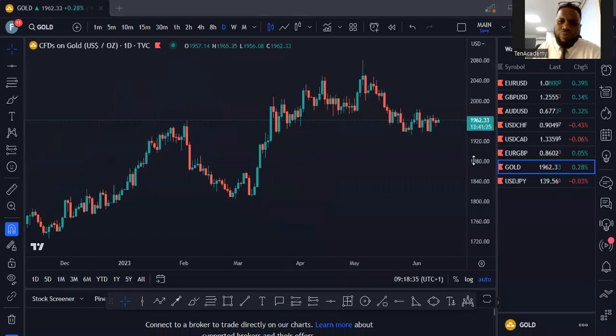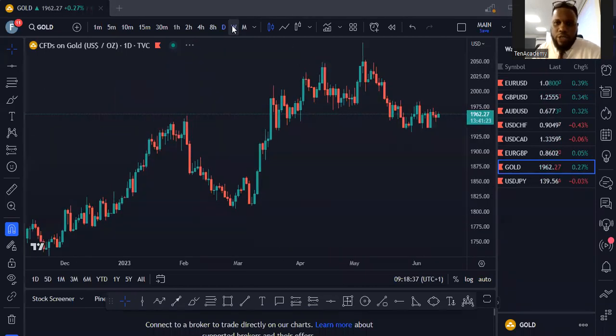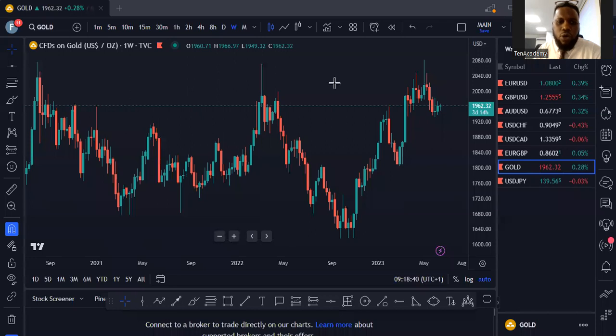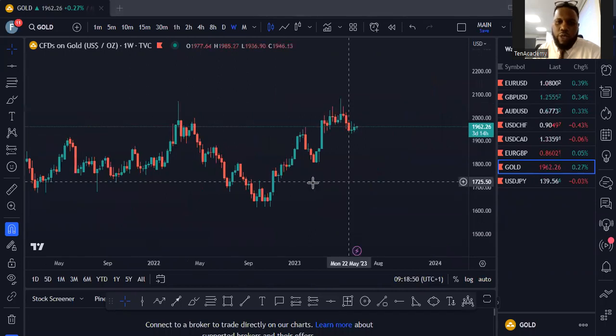So this is gold. Now, as always, I like to check out what's going on the higher time frame. This is gold on the weekly time frame. Now, what do we have going on the weekly time frame?